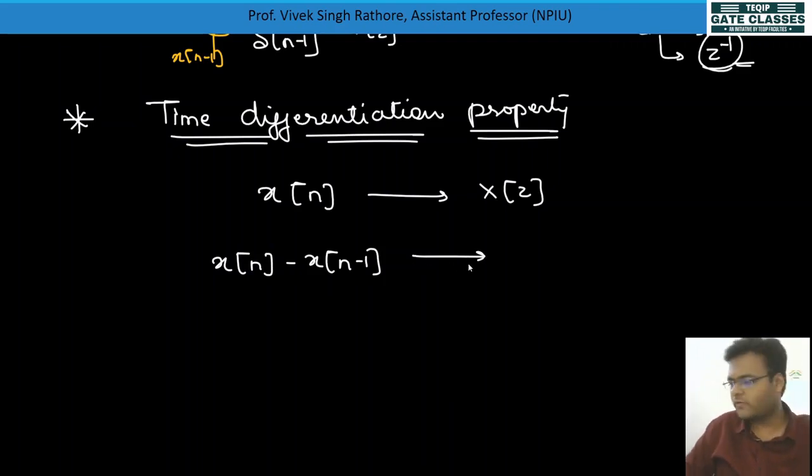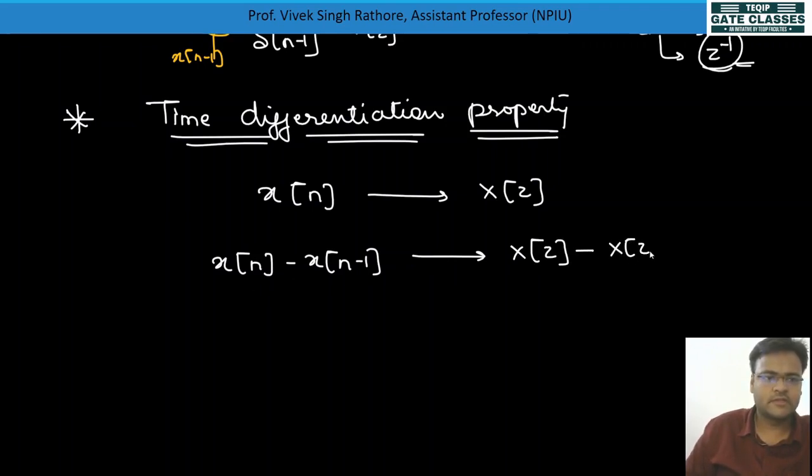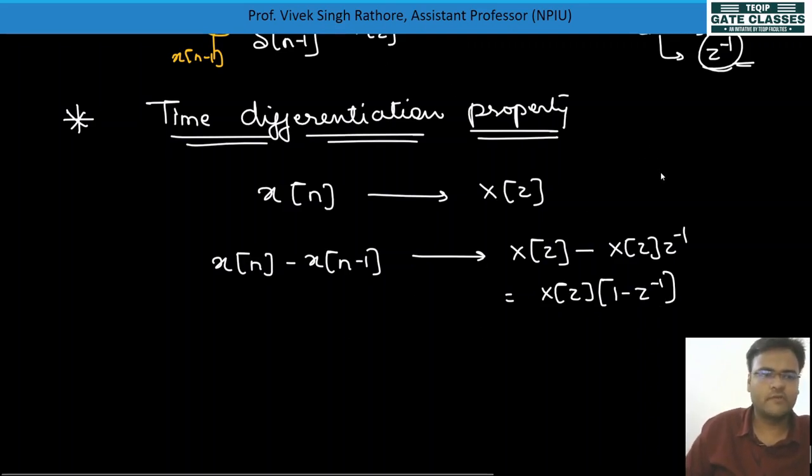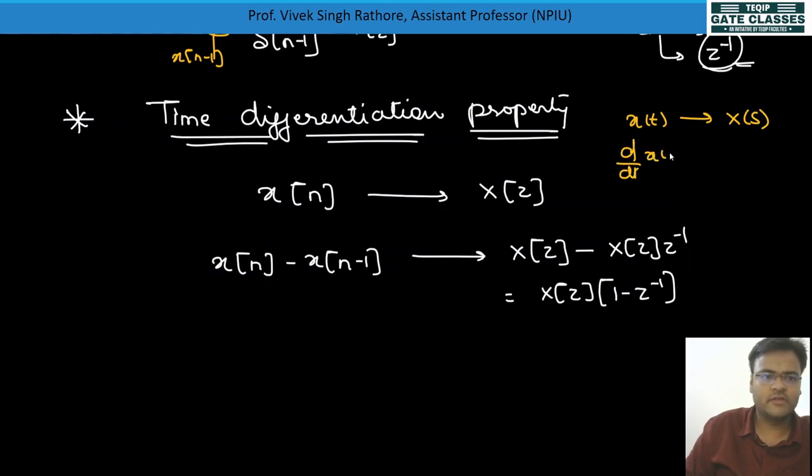So in the output, taking x of z as the Z transform, we get x of z into 1 minus z to the power minus 1. So it can be written as x of z into 1 minus z inverse. As you know, in Laplace transform, if the Laplace transform of x of t is x of s, then d by dt of x of t will be s into x of s.